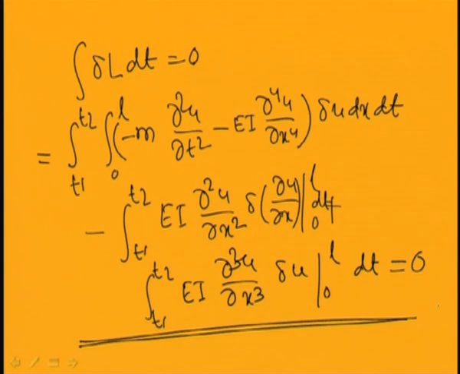So, now like the previous case, here also this del u, that is the virtual displacement, is arbitrary. So, this whole term will be equal to 0 when the terms between this bracket vanish. That means, minus m del square u by del t square minus EI del fourth u by del x fourth equal to 0.